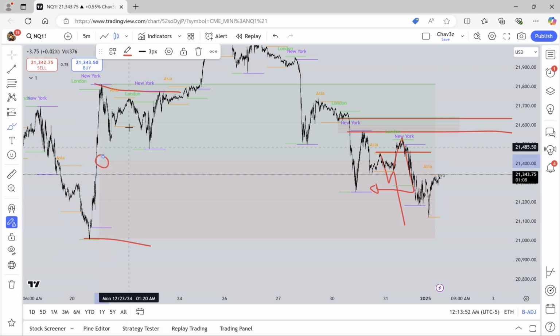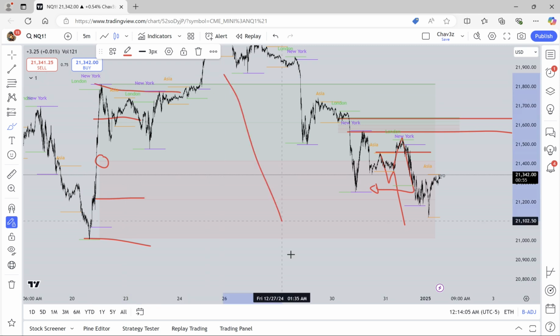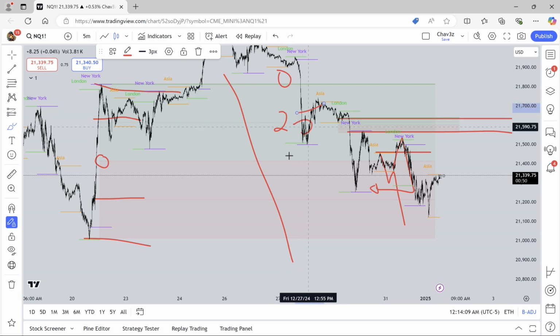And remember how I explained that when we have a big range like this, what I like to use is the 75%, which would be here, and the 25%, which would be here. However you're looking at it, if you're looking from the top down, this would be your 0, 25, and then your 50, and then your 75, and then your 100.